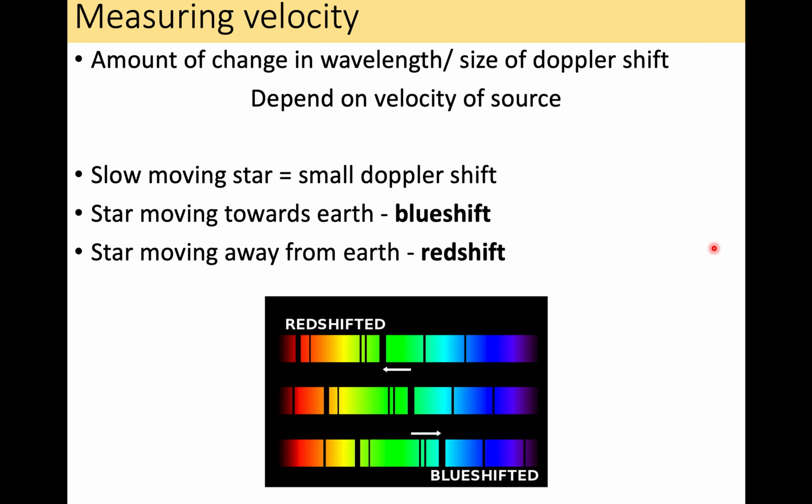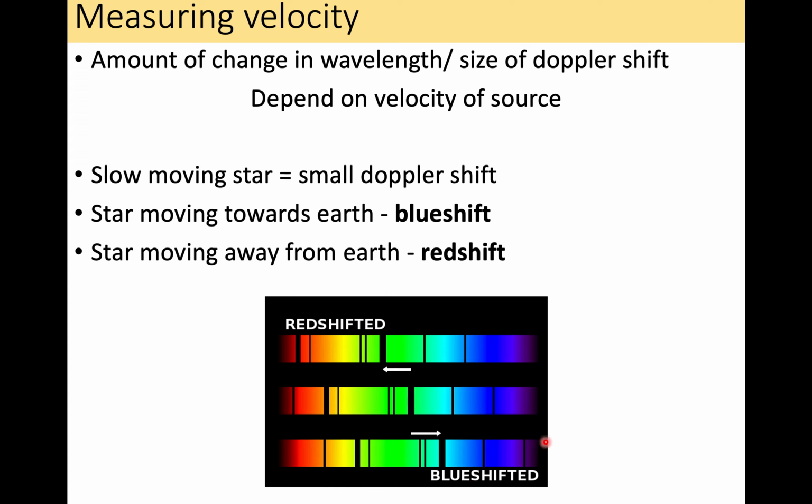And remember that we can measure the velocity of an object in space in terms of how it is moving towards or away from Earth by using the Doppler effect and the Doppler shift. When we have a star that is moving towards Earth, we will see its emission spectra shifted towards the blue.